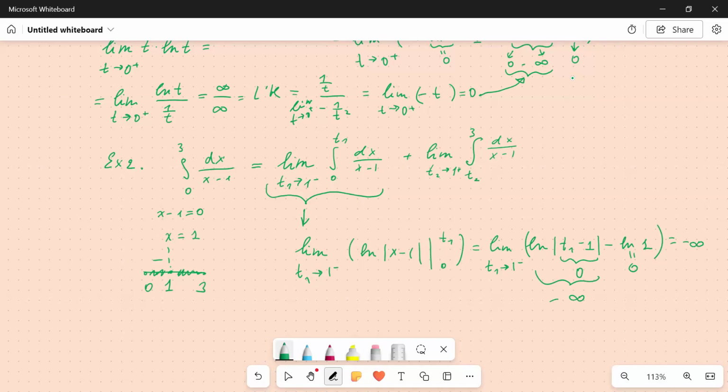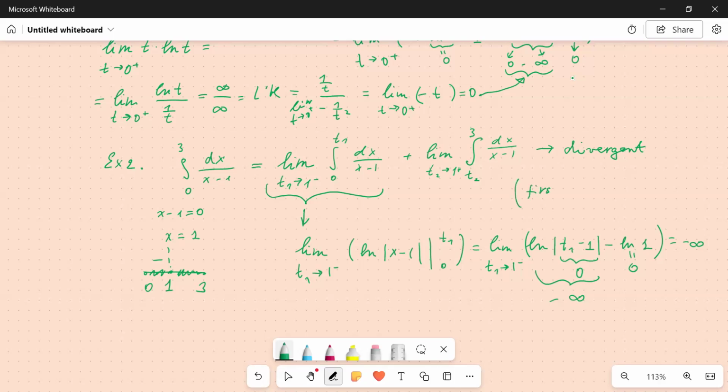I'm not going to calculate the second one. I'm just going to write down that this one is divergent, because one of the integrals already doesn't have a limit.